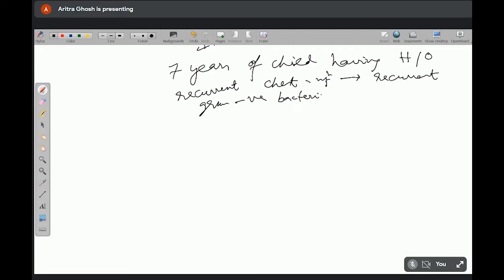Sir, what does recurrent mean? Recurrent means again and again. Recurrent means recurrent infections. If any infection is happening recurrently, we have to doubt the immune system. We have to doubt whether it is correct or not, whether it is present or not, whether the immunity from birth is present or not.